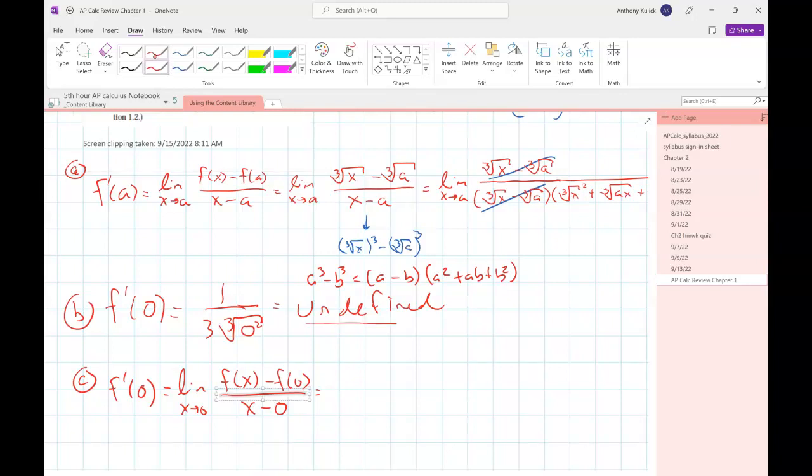Well, here I just showed that that doesn't exist, that's not in the domain. So we'd say, therefore, 0 is not in the domain of f inverse. Here we're showing the same thing, because the slope of the tangent line at 0 is the same thing as the derivative at 0.